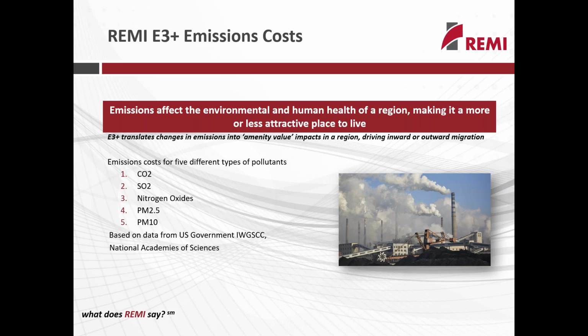And so depending on how your air quality improves or declines as a result of these emissions, this is going to change how people make their decisions on where to live or where to work or where to spend their money.